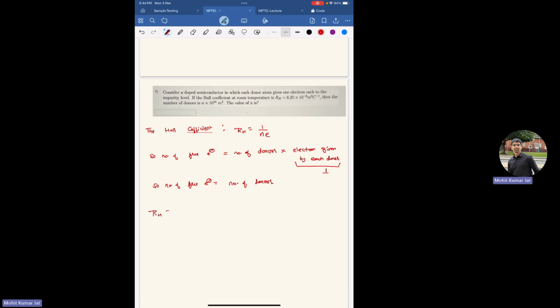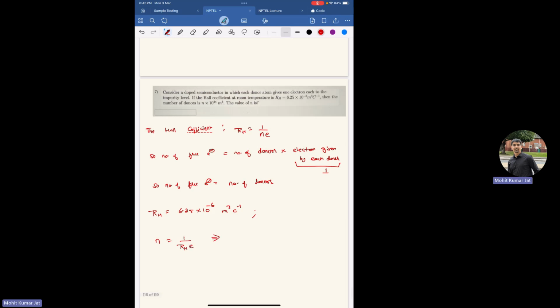RH is equal to 6.25 into 10 power minus 6 meter cube coulomb inverse. The number of donors is, okay, n will be 1 by RH e.